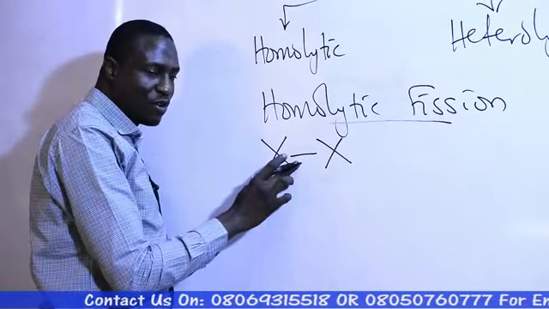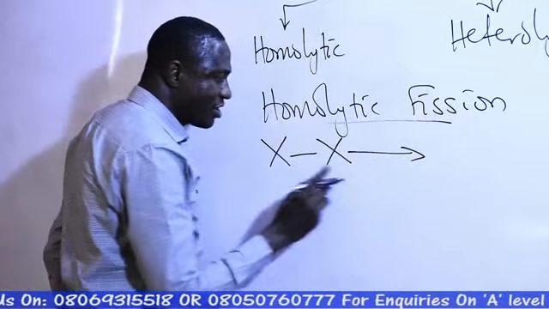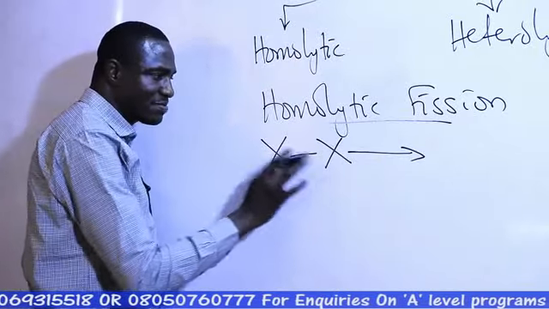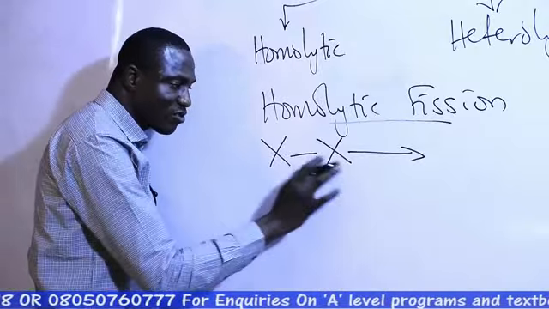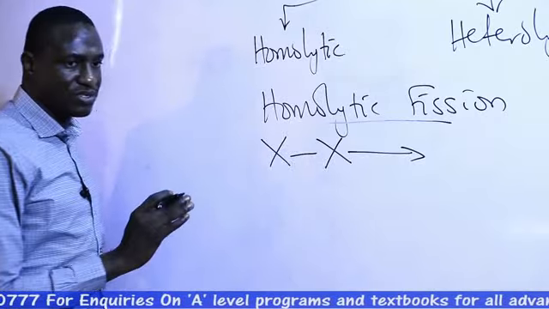This covalent bond is formed when each X donated one electron. And for the bond to be broken, each of the atoms or group of atoms X must share the bonding electrons equally. And when that occurs, there is going to be formation of a species with odd number of electrons. And that species is known as free radicals. So we have X free radical and X free radical here.